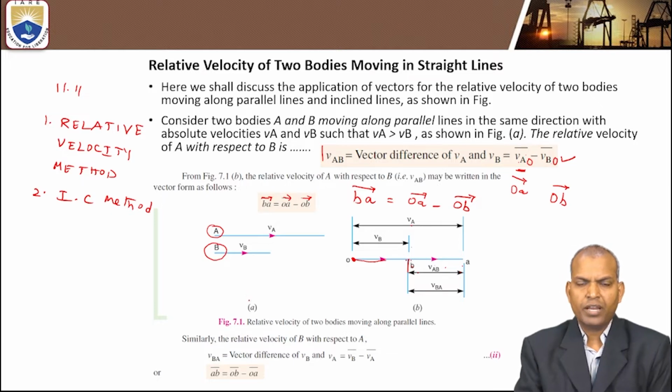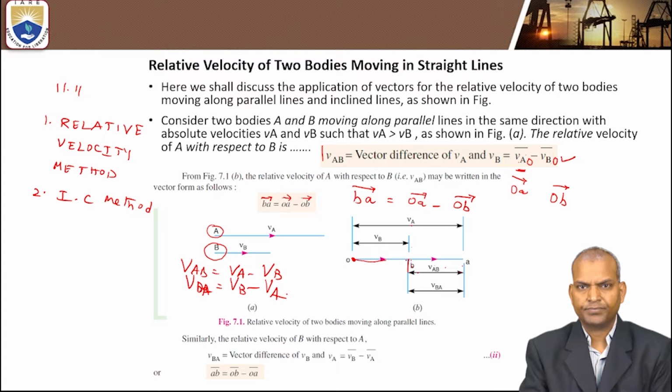If you want the velocity of B with respect to A, then we have to represent VBA, that is VBA equals VB minus VA. If we want the velocity of A with respect to B, that means VA minus VB. The velocity of B with respect to A, that is VBA, equals VB minus VA. This is the representation.